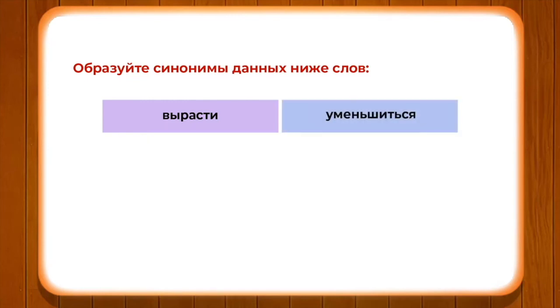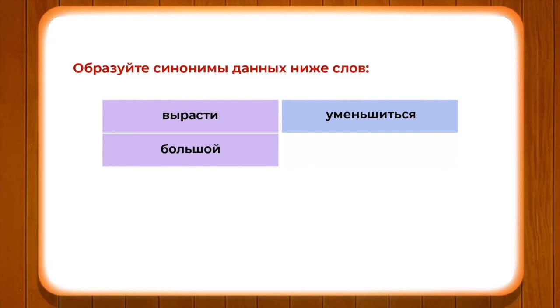In Russian we call it образуем антонимы данных ниже слов. So first word we had вырасти, and antonym of this word is уменьшиться. Уменьшиться. Большой is the next word.